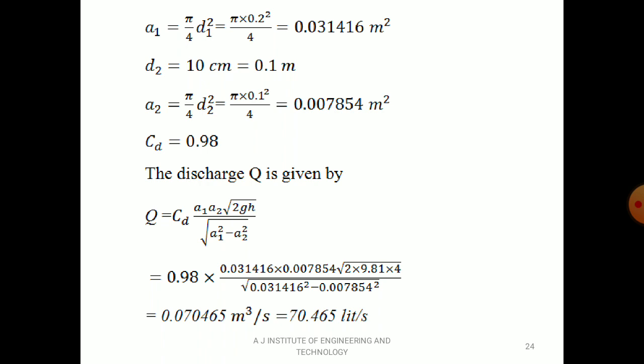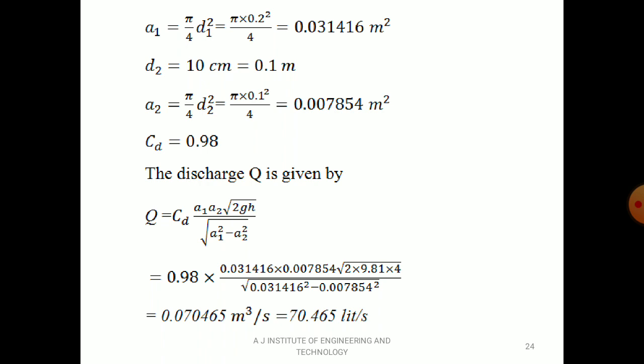Now we have the values of A1 and A2. CD value is given, that is the coefficient of discharge, equal to 0.98. Then discharge Q for a horizontal Venturimeter, Q actual since CD is given, is Q equal to CD into A1 A2 into square root of 2gH divided by square root of A1 square minus A2 square, where A1 and A2 are cross-sectional areas at inlet and throat, H is the difference of pressure head, CD is the coefficient of discharge, and Q is the rate of flow or discharge.